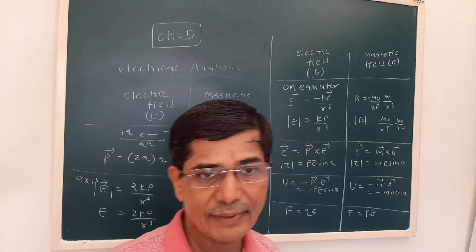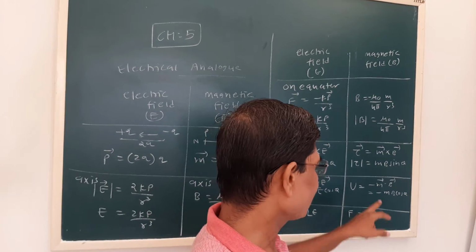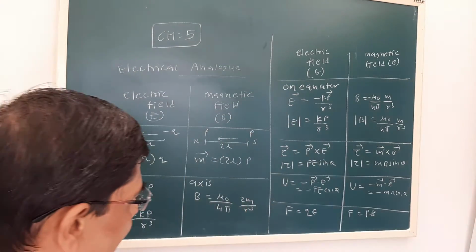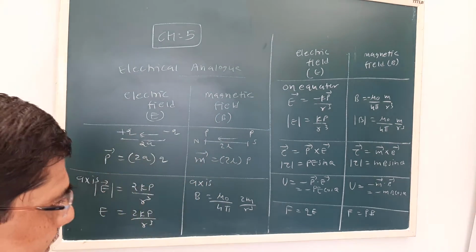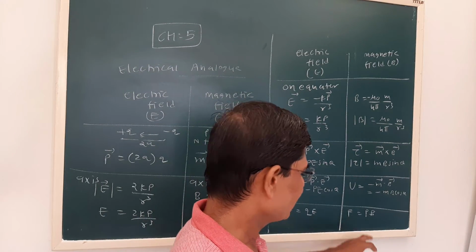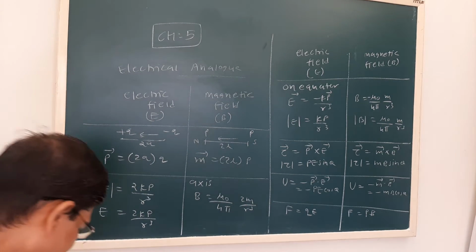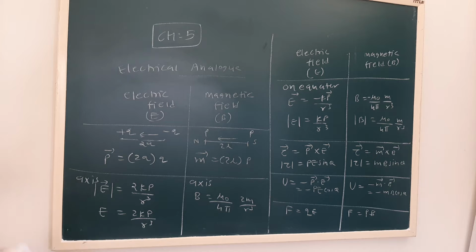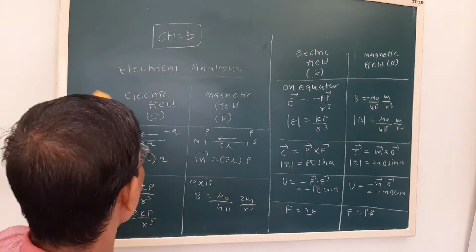See, the potential energy is minus pE cos theta. Potential energy of a magnetic dipole is minus mB cos theta. And finally, see, the electric force F is equal to q into E, whereas the magnetic force is F equal to m into B. So this is a good comparison of electric field and magnetic field, that is an electrical analog.